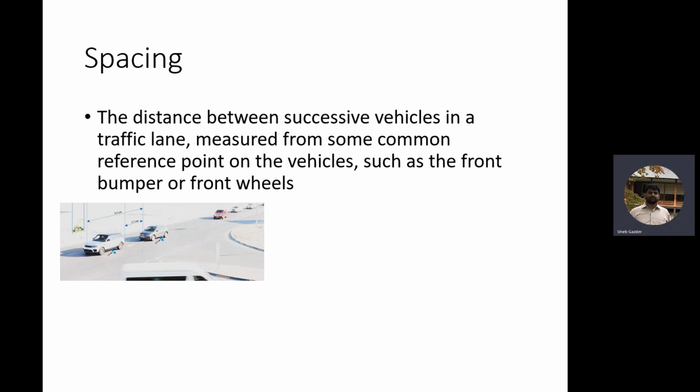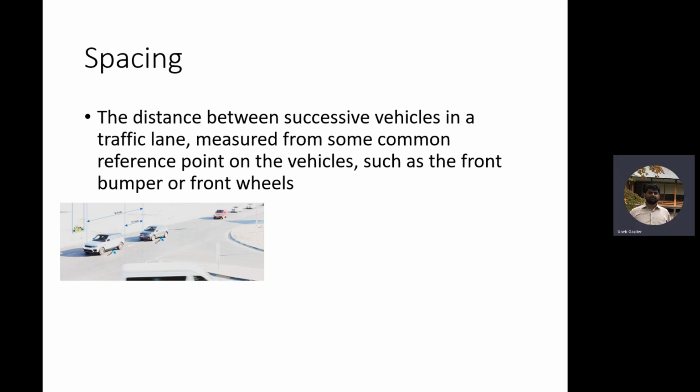So that means what? On average, after every 200 feet, I have a car or a vehicle, right? Okay. So this is 200 feet per car, 200 feet per vehicle. And if you take the inverse of that, it will become what? Vehicle per distance, right? 200 feet is distance, right?